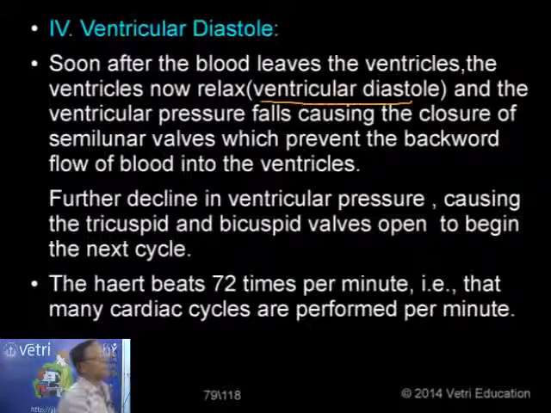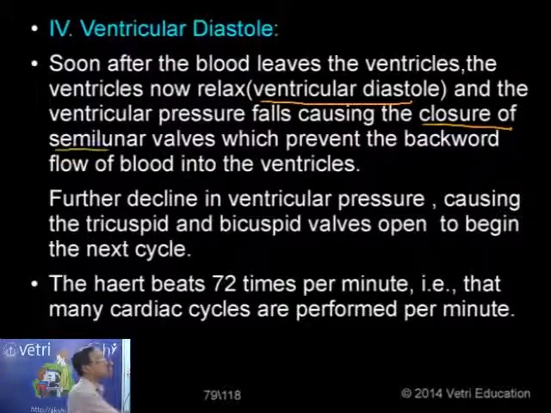So after the blood has left the two ventricles into the respective blood vessels, the pressure falls, and at the same time the two atrioventricular valves open. So the blood is once again coming from the atria into the respective ventricles. Before that, what is happening? To prevent the backward flow of blood from the two blood vessels into the respective ventricles, once the pressure falls, the semilunar valves are closed.